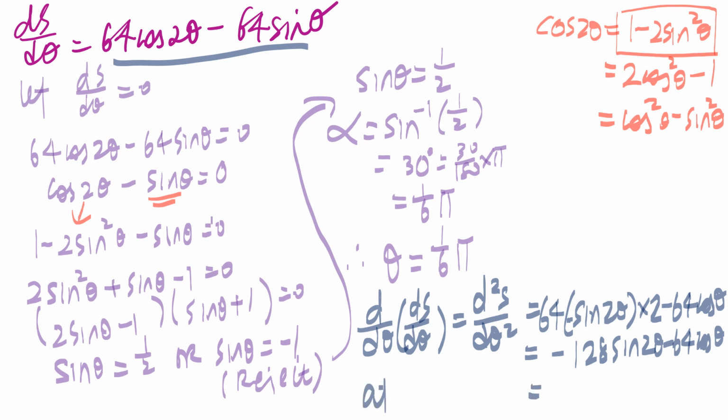At theta equals 1 over 6 pi, substitute into d2s over d theta squared: negative 128 times sine, minus 64 cosine pi over 6.